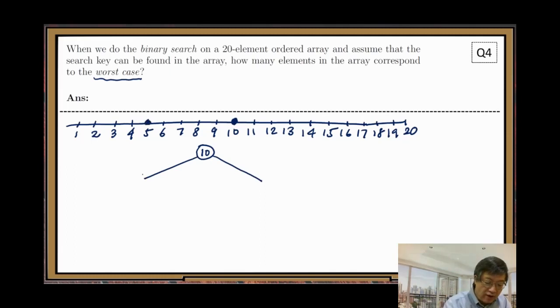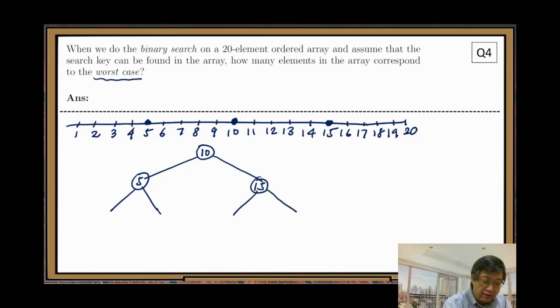So 5 should be here. Right branch, from 11 to 20, is 10 elements, so again the left median, which is 15. So 15 is here.